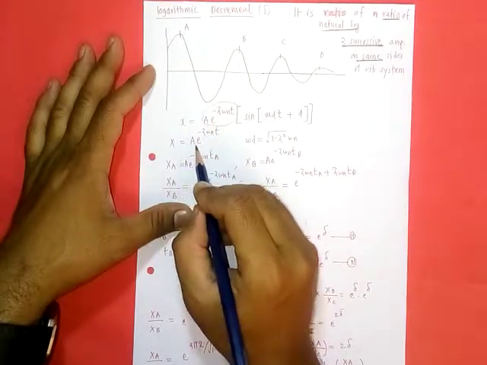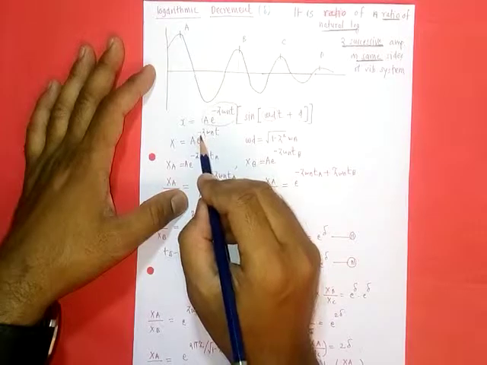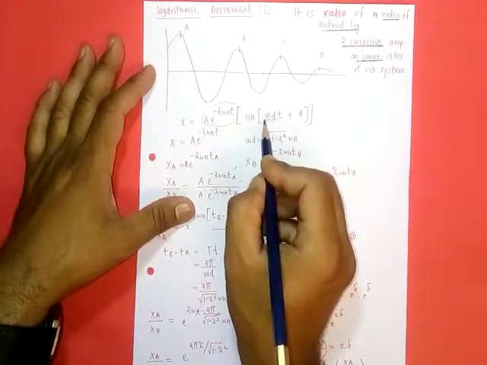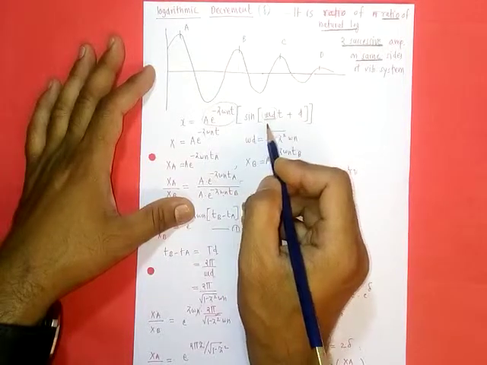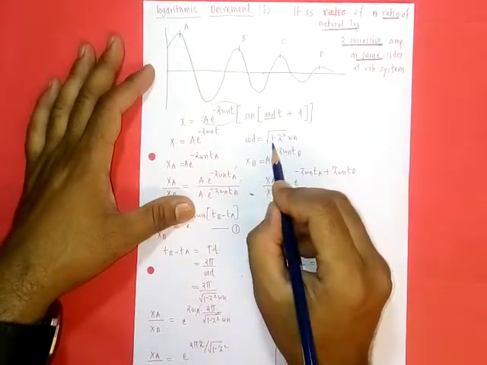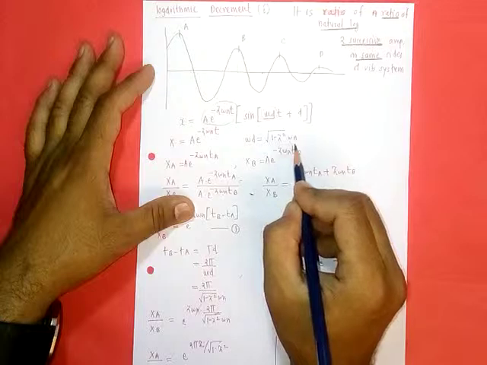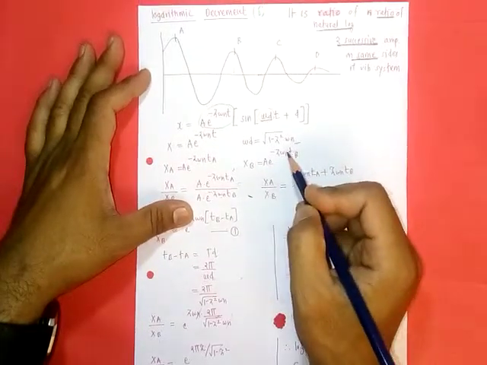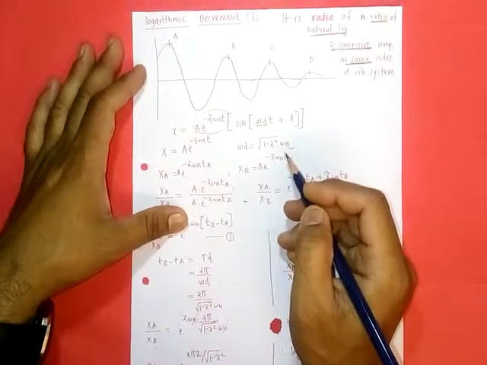And omega d is the damped natural frequency, equal to under root 1 minus zeta square into omega n. This part we have discussed in the last video.